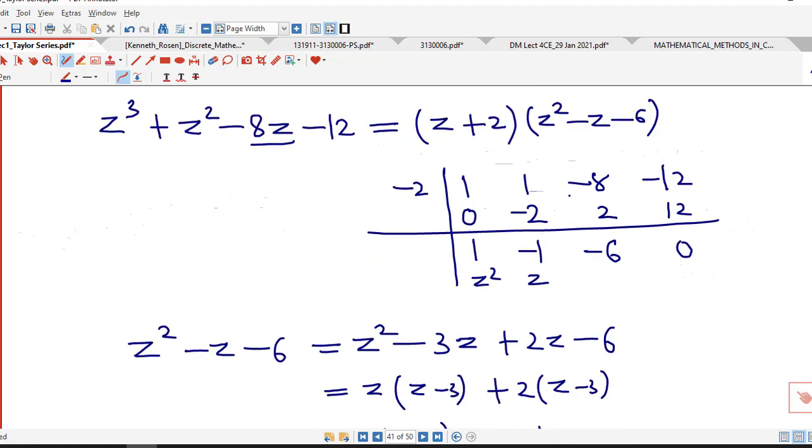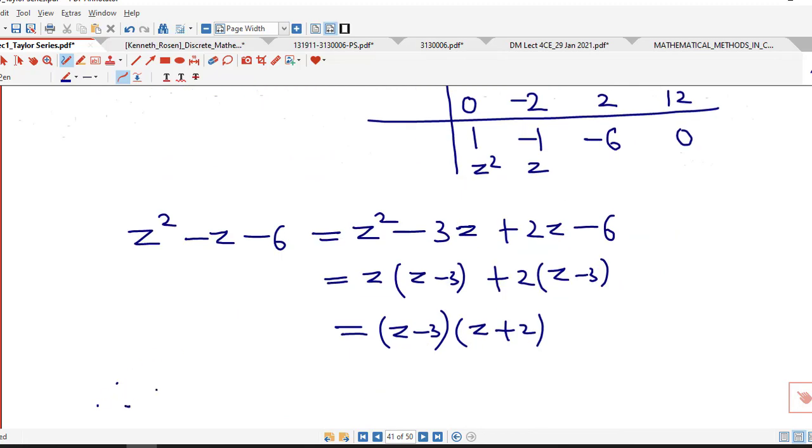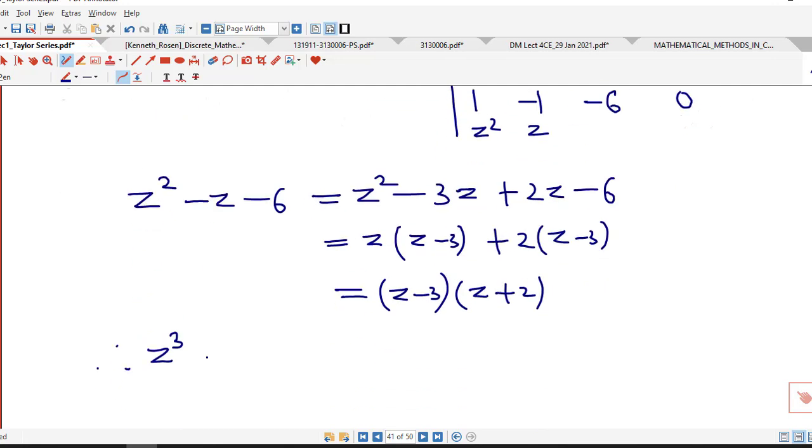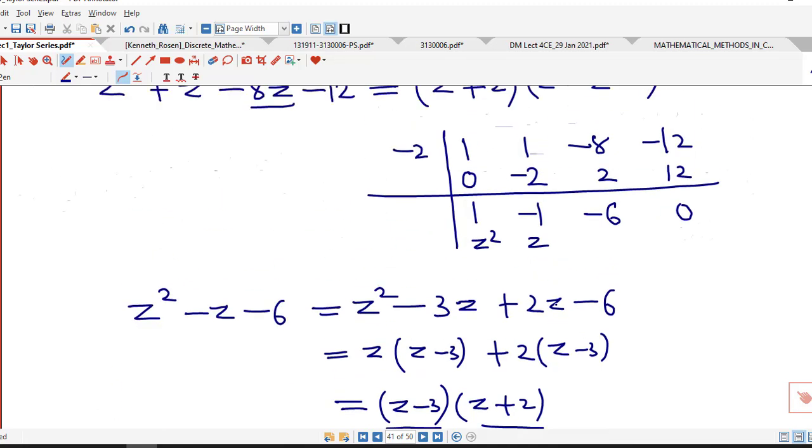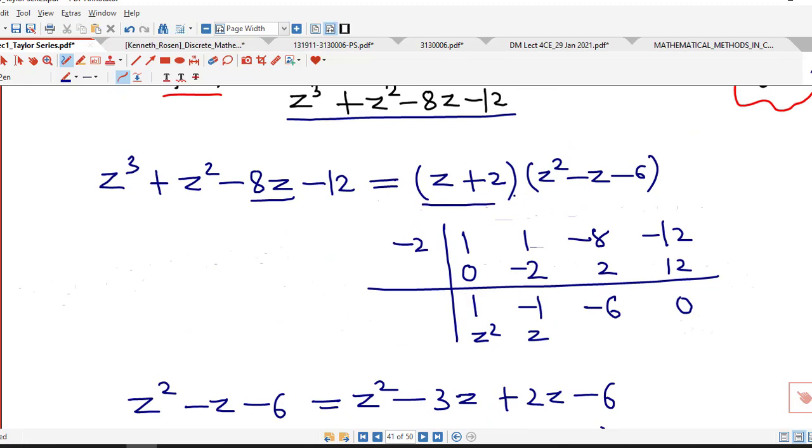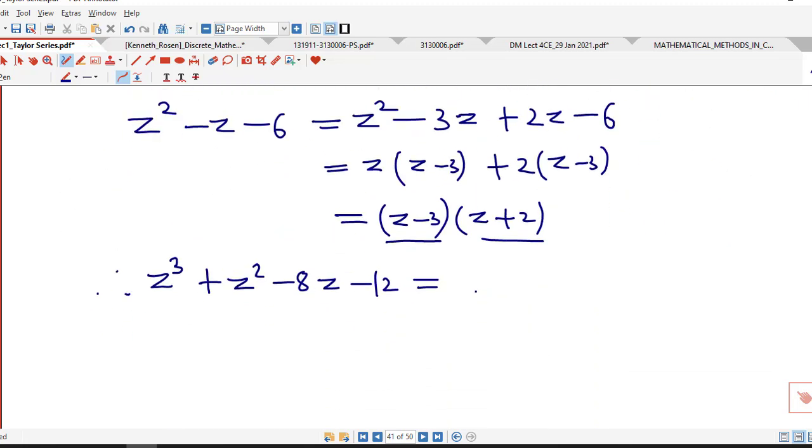Therefore our denominator, z cube plus z square minus 8z minus 12, is z minus 3 times z plus 2 into z plus 2, that is z minus 3 times the square of z plus 2. So we have one non-repeated linear factor and another repeated linear factor.